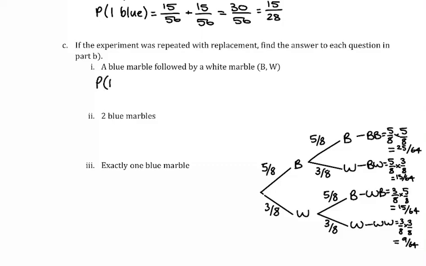We want to find the probability of a blue and then a white, which is 5/8 times 3/8, which equals 15/64. Our probability of 2 blue marbles, so blue, blue, is up here, which is equal to 25/64.